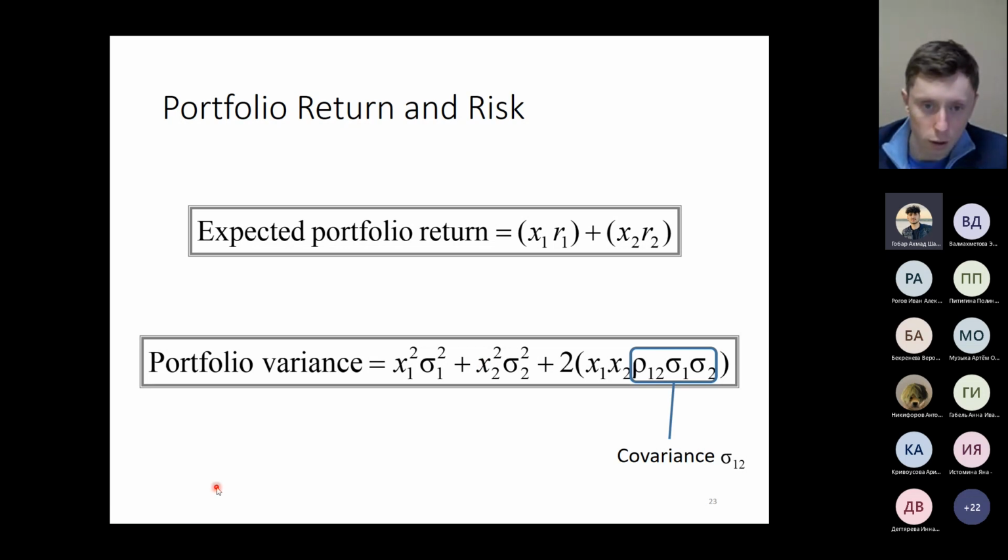How do we call it, a formula for... Artyom, you better speak because I do not always see you. Tell me, if rho here would be equal to 1, how can we simplify this formula?